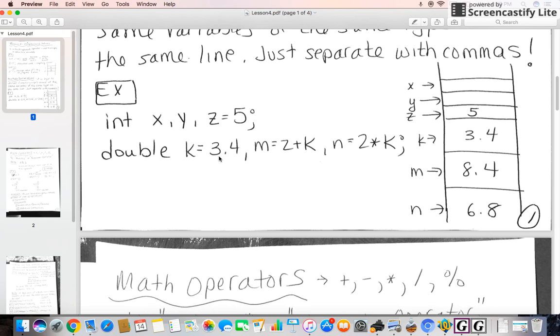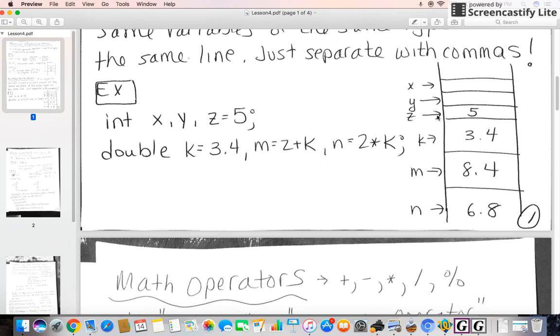I can do the same thing with doubles. And in fact, I can do little calculations as well when we use an assignment statement. So this says double k = 3.4. Notice a larger memory location stores a double. k points to that location, and we're storing 3.4. Then m is equal to z + k.